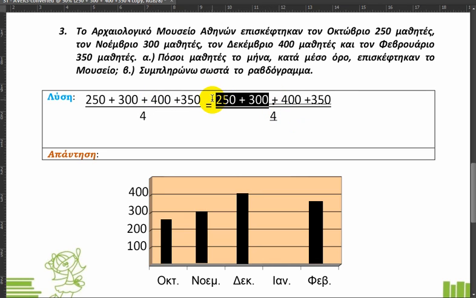So 250 plus 300 is going to give me 550. Plus 400 is going to give me 950. Plus 350 is going to give me 1,300. This divided by 4 gives me what?